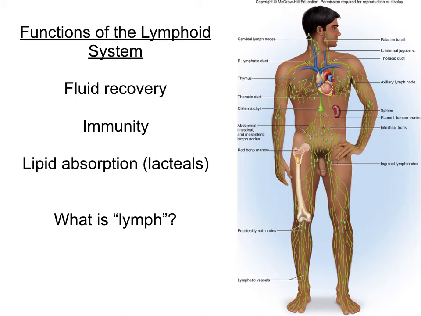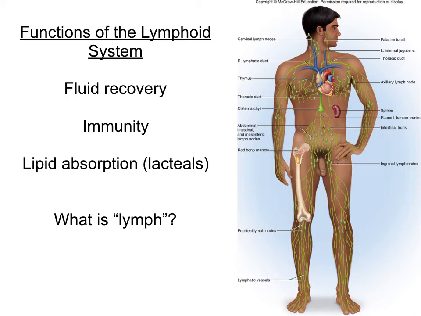Now, this recovery is going to help maintain your blood volume, but also help to eliminate variations in the chemical composition of your interstitial fluid. The fluid recovery mechanism also helps to transport lymphocytes, defensive cells, and defensive proteins from organ to organ, which improves the ability of the lymphoid system to protect you.